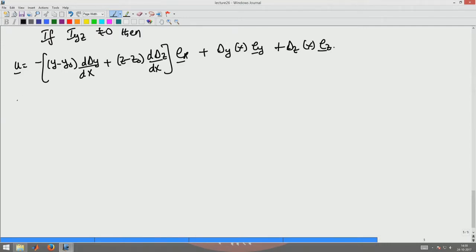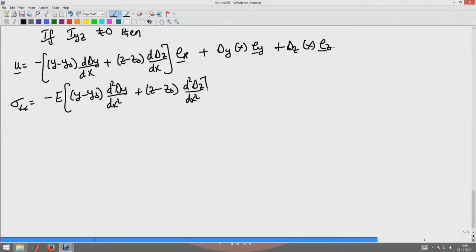Then my sigma xx would be minus E times (y minus y naught) d square delta y by dx square plus (z minus z naught) times d square delta z by dx square. This will be my stress.